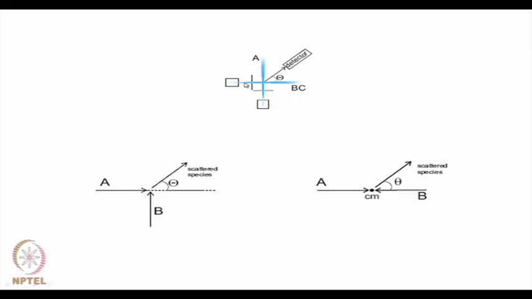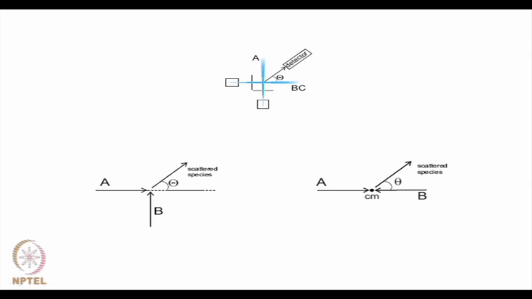Here you see that your two molecular beams are intersecting over here, at a 90-degree angle, perpendicular, and the detector is oriented somewhere in between, so it can move in this way. As a function of angle it can change, so that the detector can detect the product at various angles.